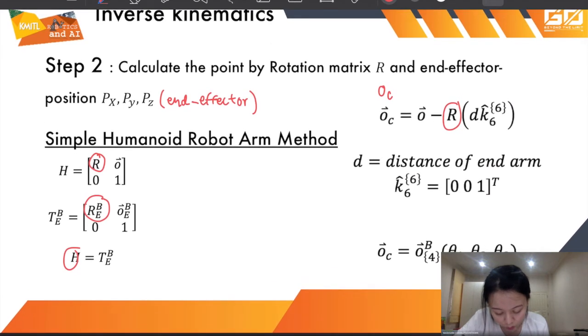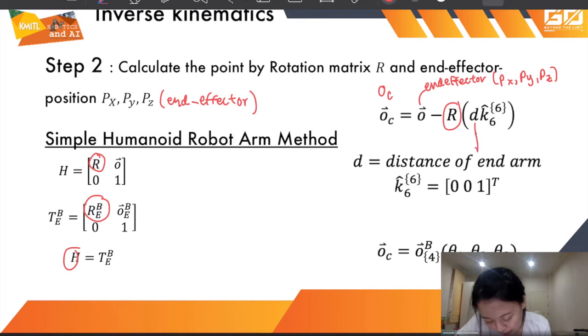OC is the point here, and will be calculated by using OC equal to O, where O is the point of the end effector, which is Px, Py, and Pz, minus the rotation matrix multiplied by d. d is the distance of the end arm or the end link, and k6 is the unit vector of the z-axis.